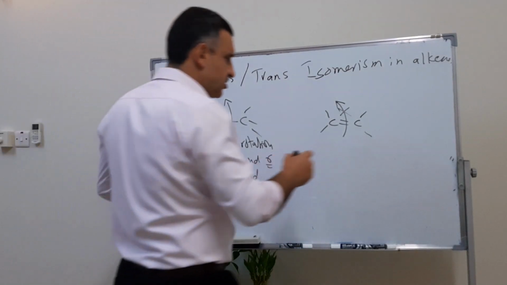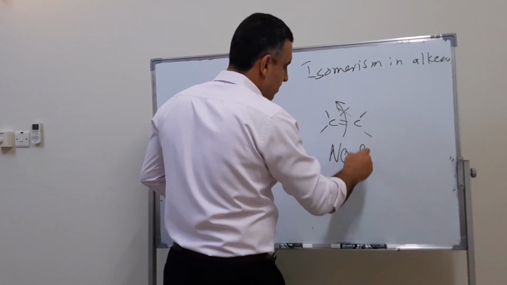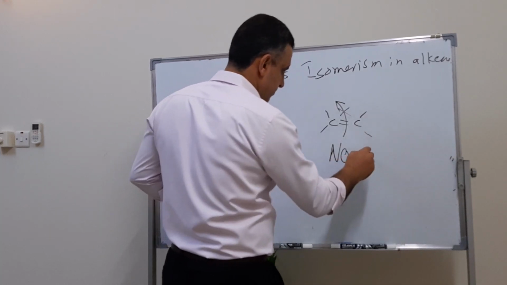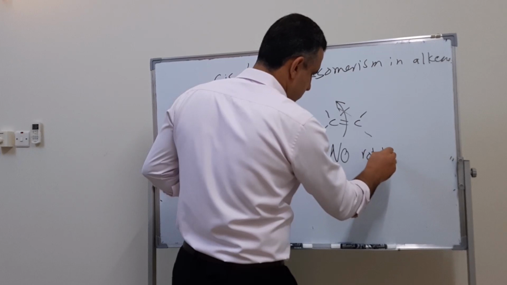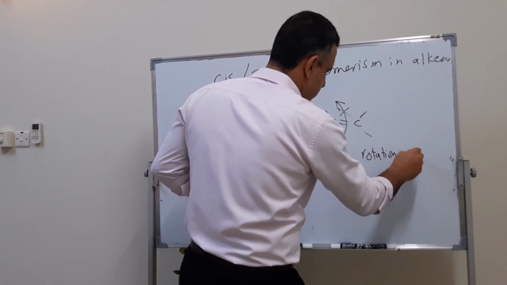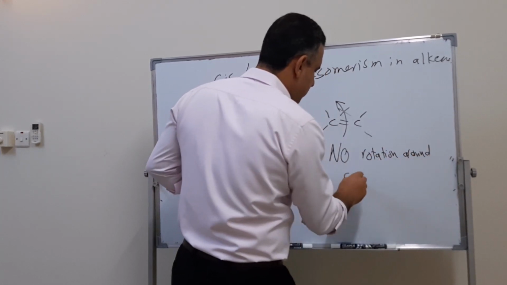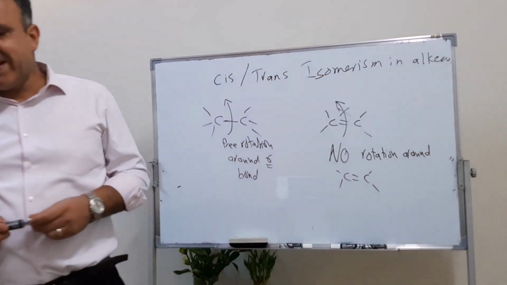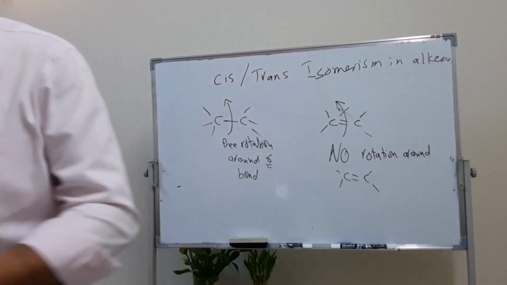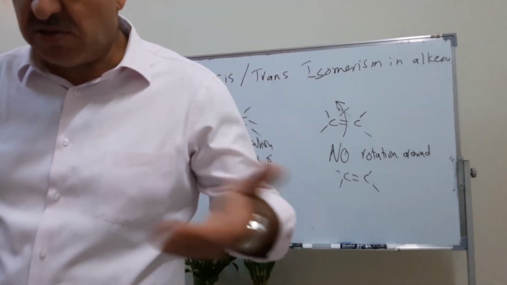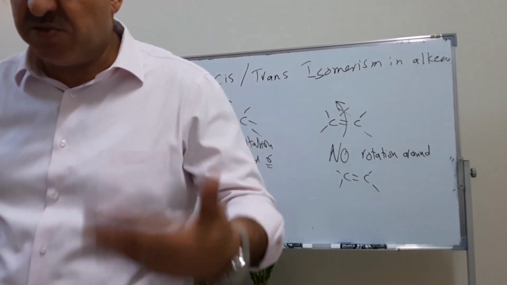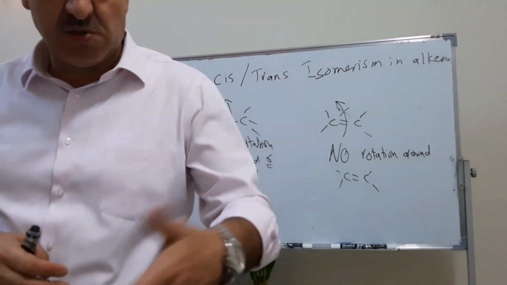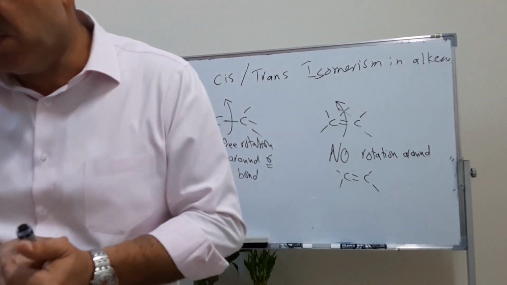So there is no rotation around carbon double bond carbon, because this rotation will break up a bond, and of course breaking up a bond first needs a lot of energy, second it's not stable, because as we said, the ultimate goal of any process is to form more bonds, not to break up bonds.